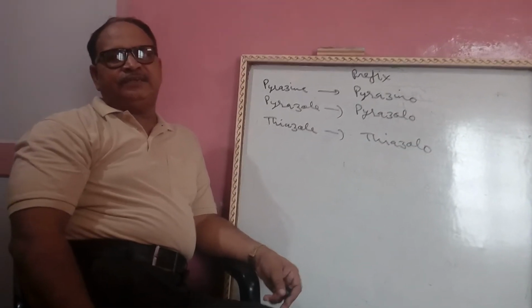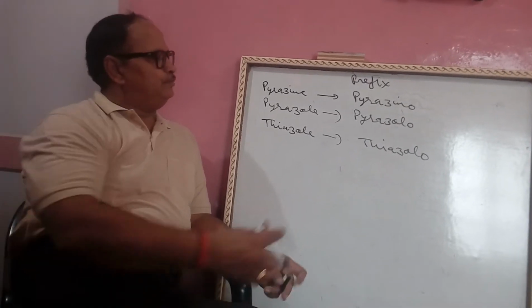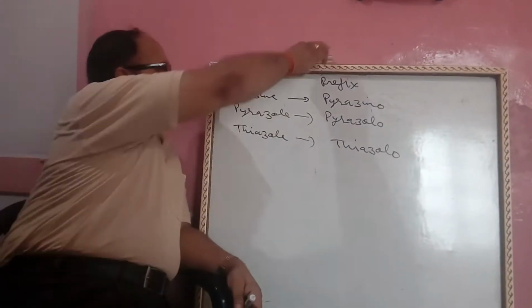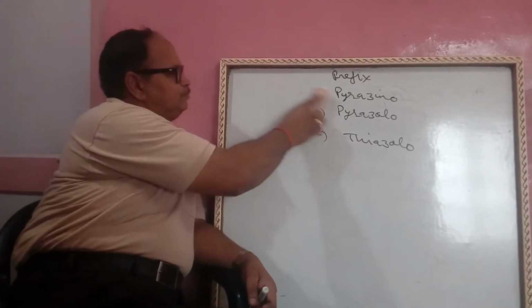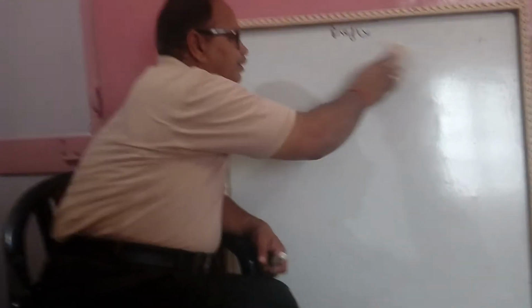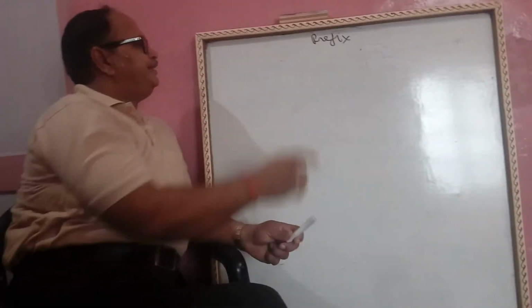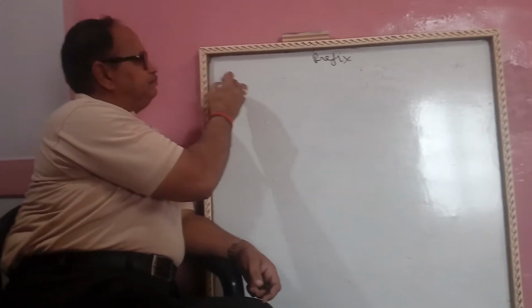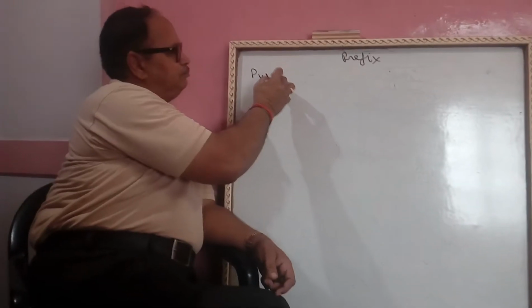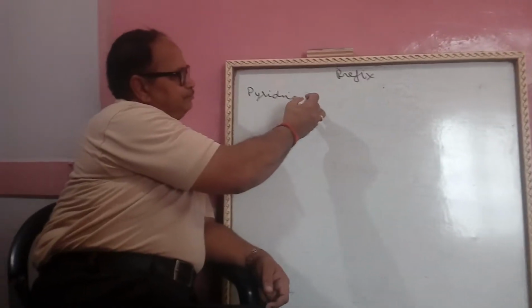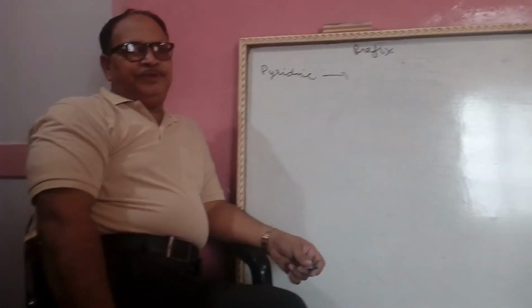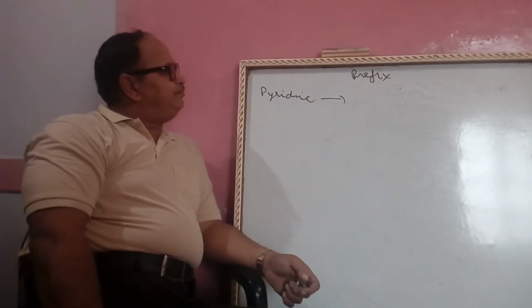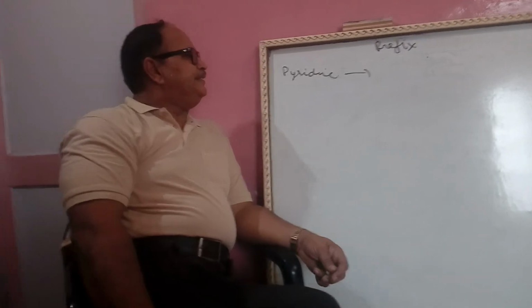But there are some exceptions to this rule. For example, if the attached component is pyridine, then according to the rule the prefix will be pyridino, but it is pyrido.